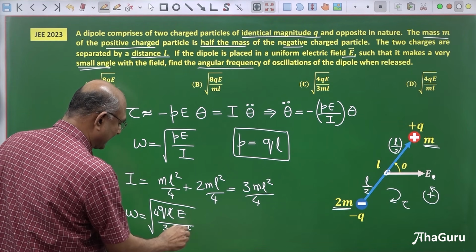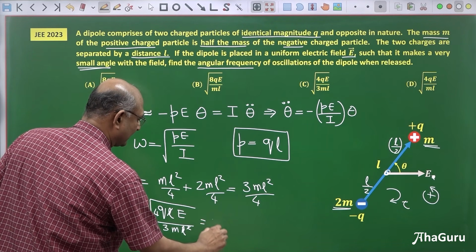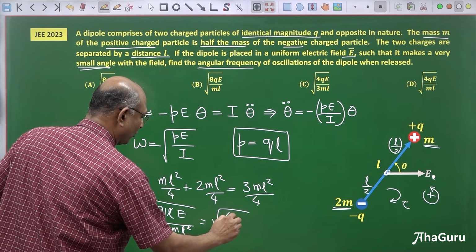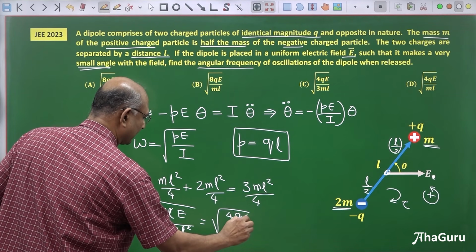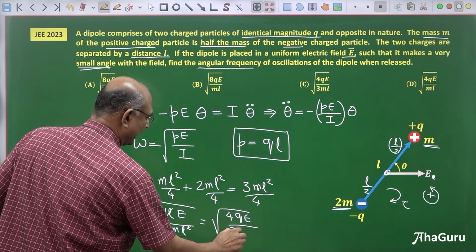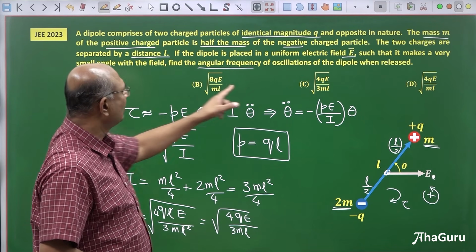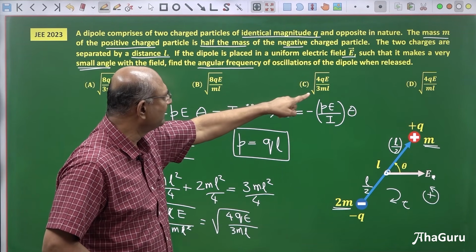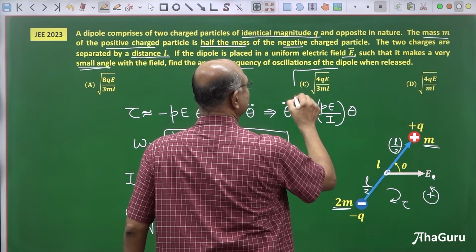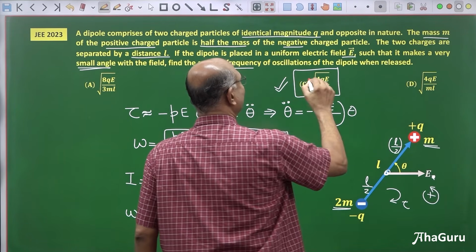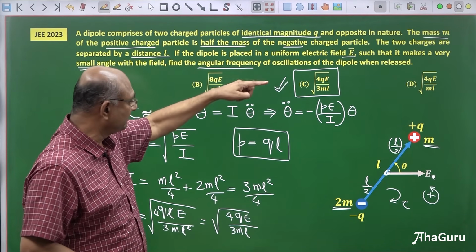One of these L's will cancel. And so I'm going to get root of 4QE by 3 ML. Is there an option? Yeah. Root of 4QE by 3 ML. So this is the correct answer.